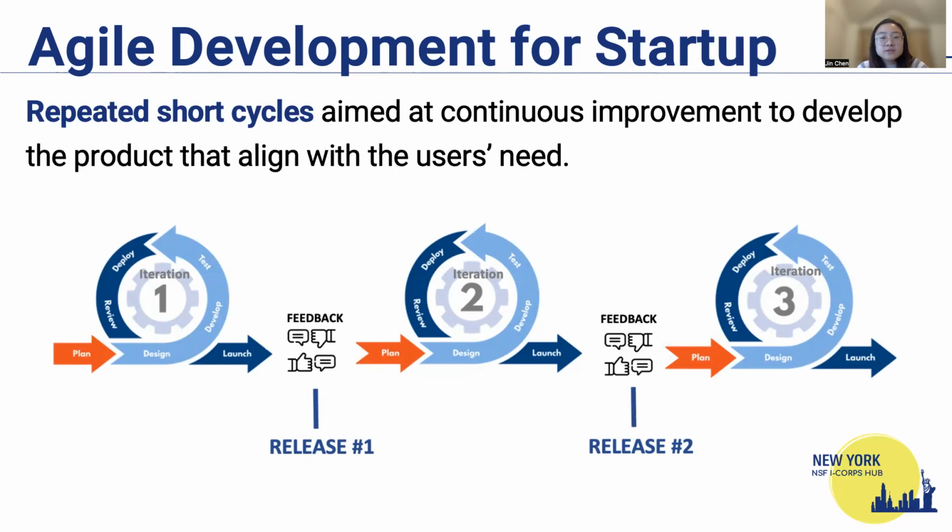And that allows continuous improvement and flexible adjustment, even in a very late development process, to help you align your product with your users' needs and the market demand. And the key here is customer collaboration, which is very important in Agile. We need to obtain customer feedback between each iteration to ensure the product is aligned with customers' needs.